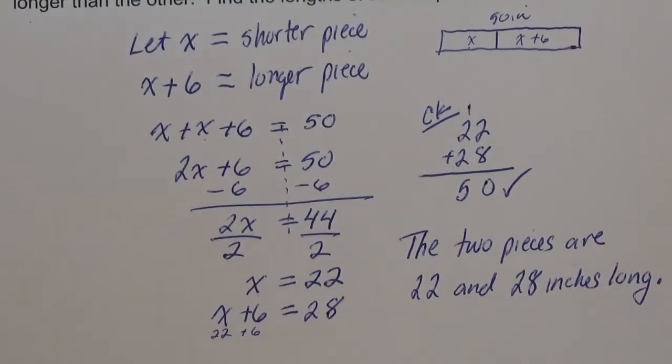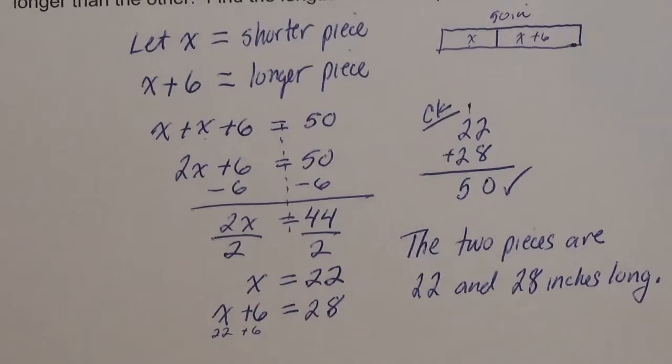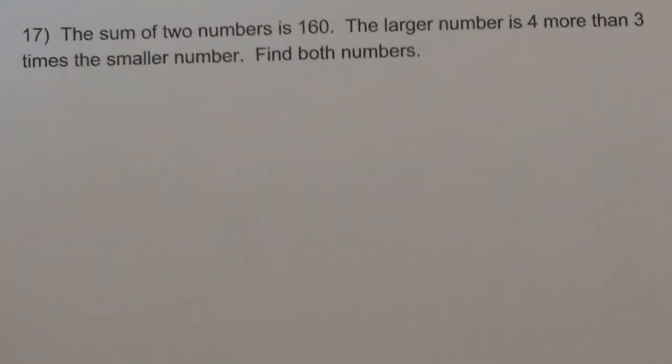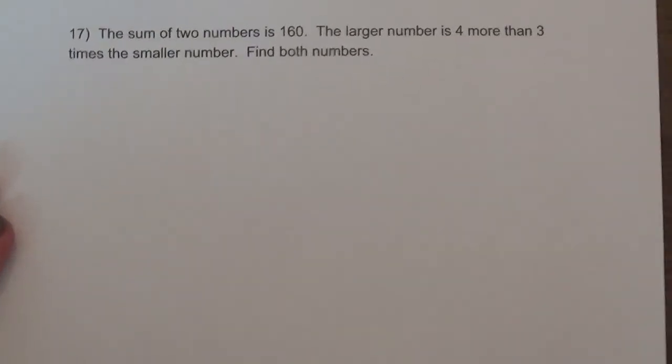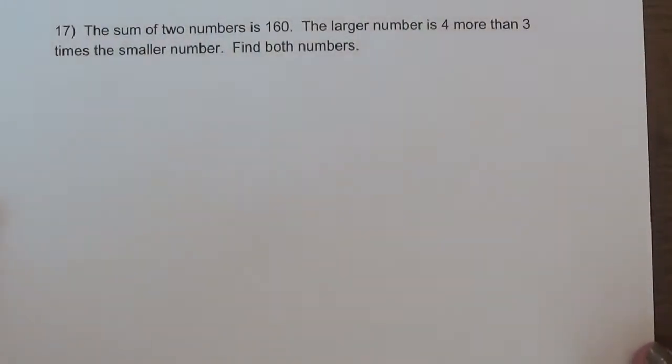Let's try one more, and then you'll have a couple to practice. So last one with me here, number 17. All right, so 17 says, the sum of 2 numbers is 160. The larger number is 4 more than 3 times the smaller.